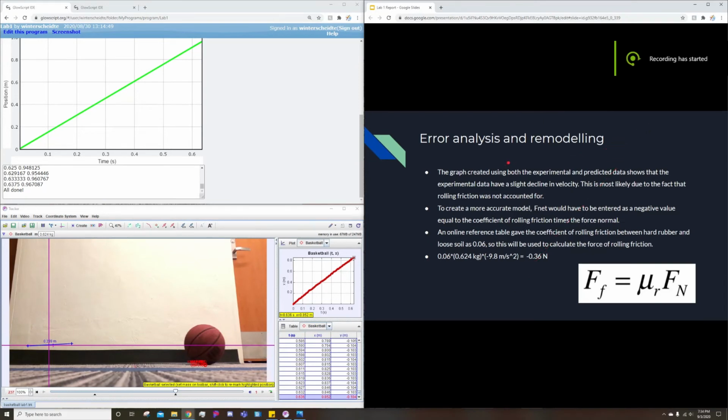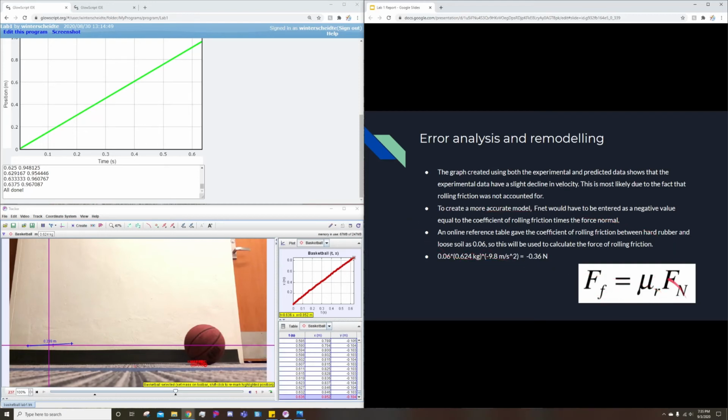Now, if we wanted to create a more accurate model, we would have to have that Fnet variable set to have a negative x component. The way that we would do this, we would find the force of friction, which is force of friction equals the coefficient, in this case rolling friction, times the normal force, which again in this case is the opposite of gravity, so 9.8.